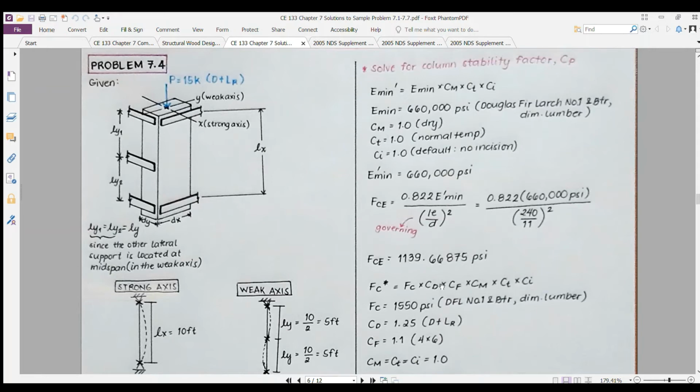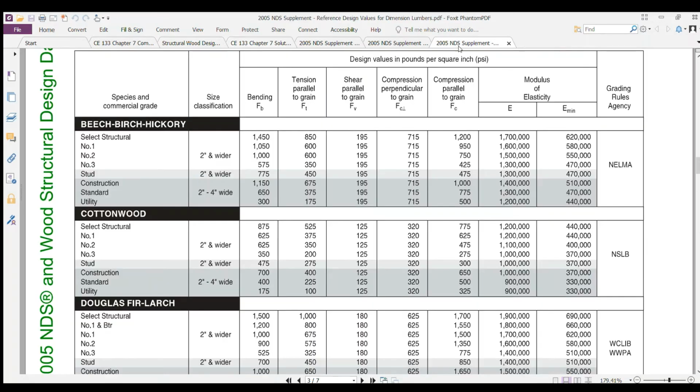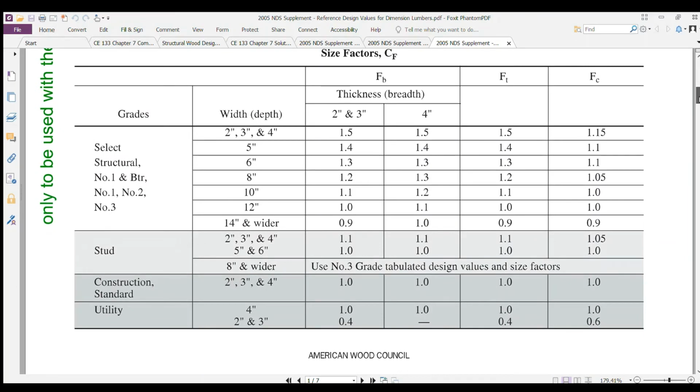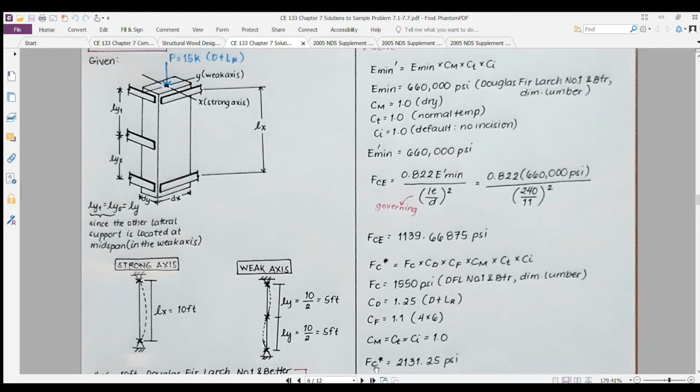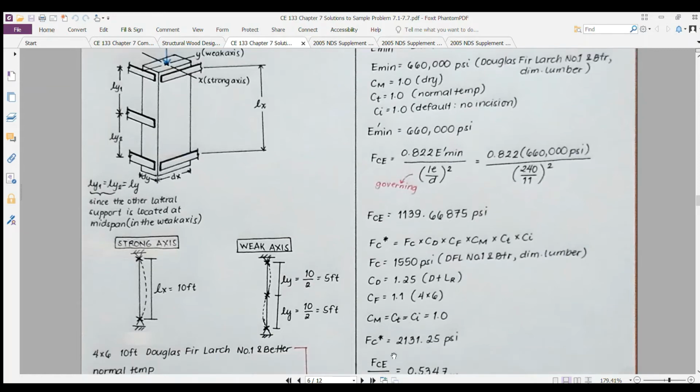For C sub F, let us check the size factor. We have a 6 inch width, and the value of C sub F is 1.1 for F sub c. The values of C sub M, C sub t, and C sub i are 1.0. So the adjusted value of F sub c asterisk is 2131.25 psi.